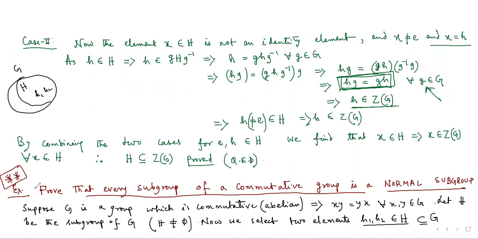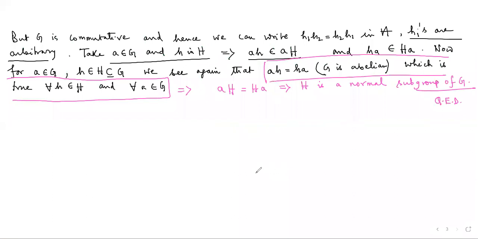Now you see that. Just quickly take the snapshot of that, because I'm moving very fast because we have time constraints in the class. So very easily we can prove that every subgroup of a commutative group is a normal subgroup.